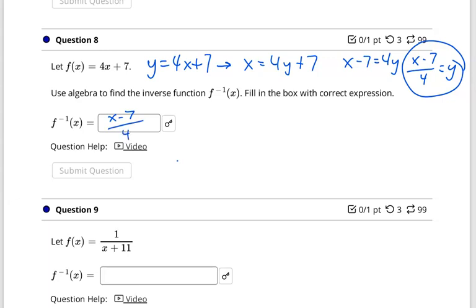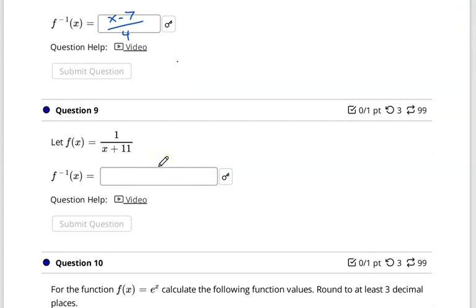Another inverse, same technique. We simply put y equals 1 over x plus 11. Reverse x and y: x equals 1 over y plus 11.